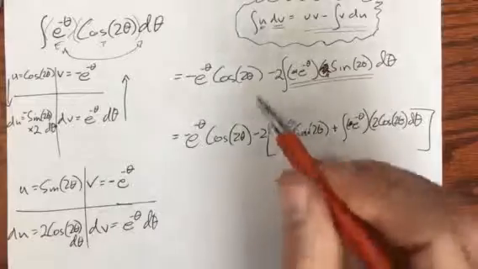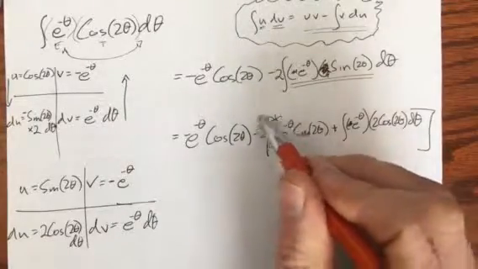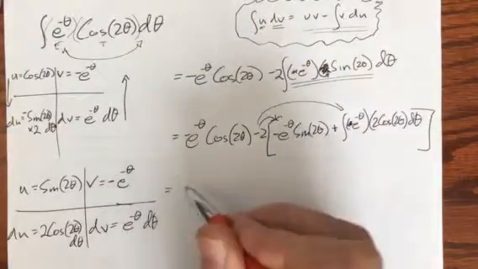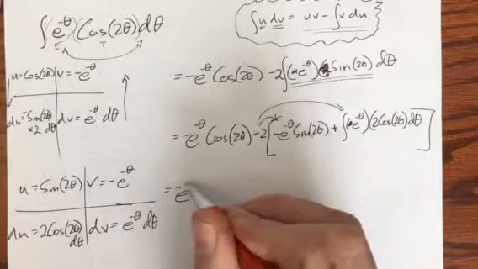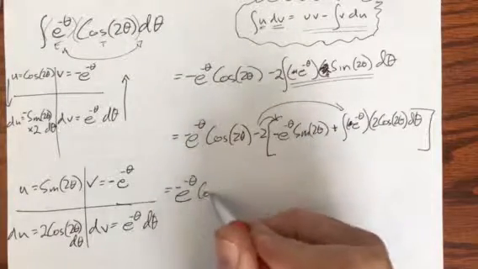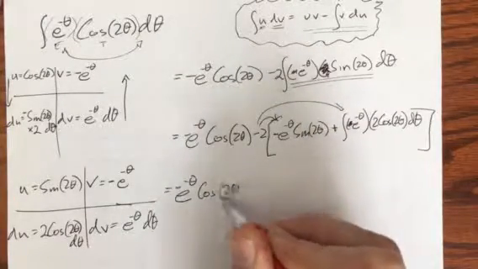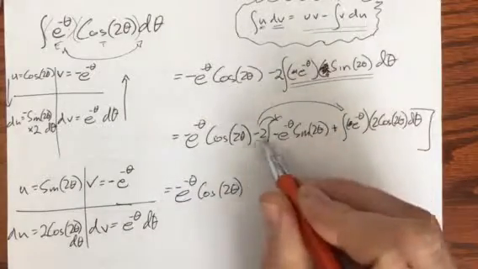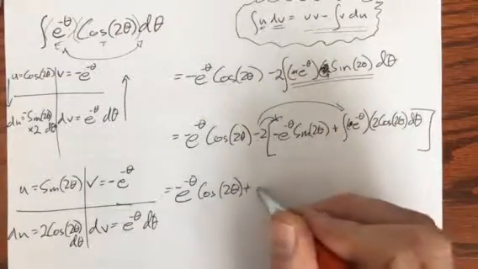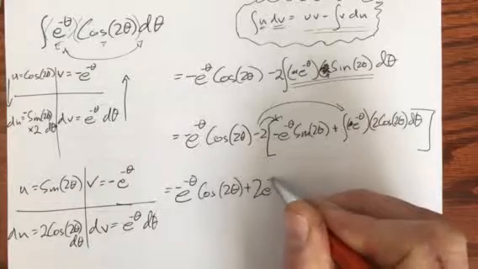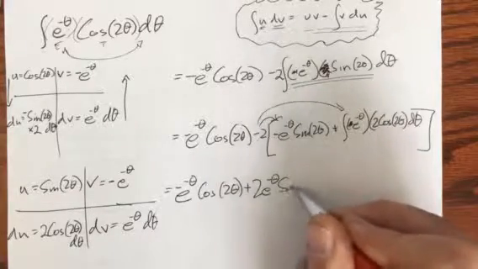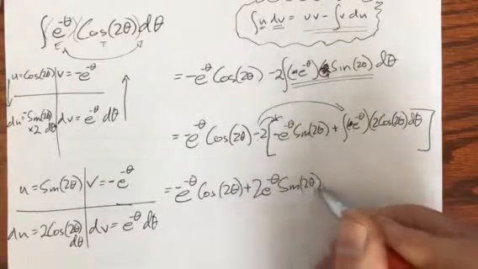When I bring the 2 into each of these, I wind up with minus e to the minus theta cosine of 2 theta. Then this is going to be a minus, and a minus is plus, 2e to the minus theta sine of 2 theta.